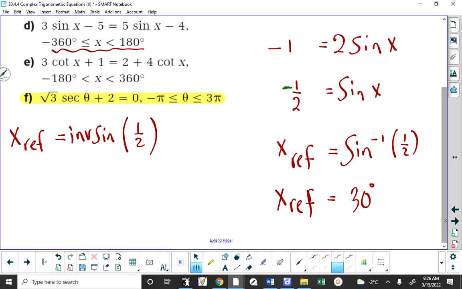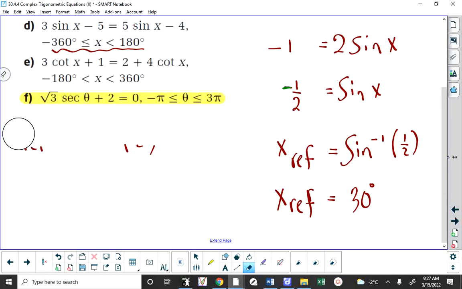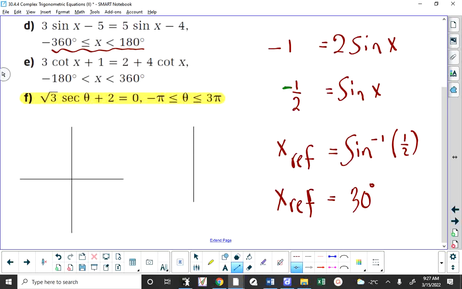And this next bit of business is really subtle but important. I'm going to do this so I can find the locations, not the rotation angles. I want to just identify where the terminal arm lies. And since sine is negative, Marcel, which two quadrants can the terminal arm end in? 3 and 4, excellent.